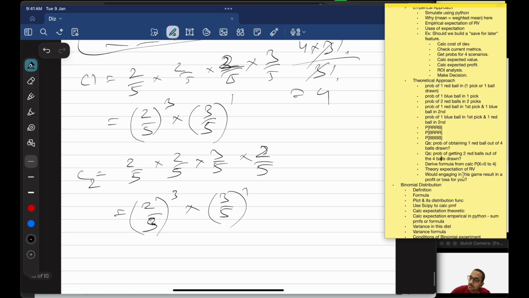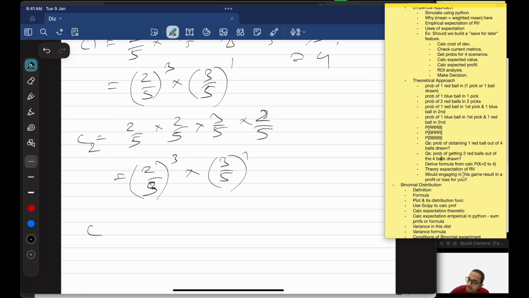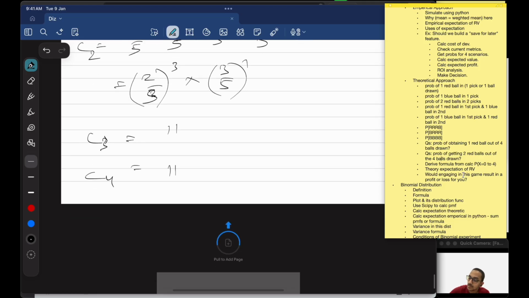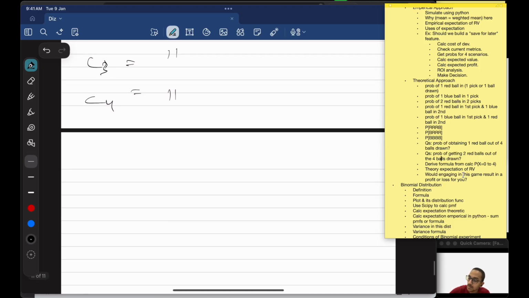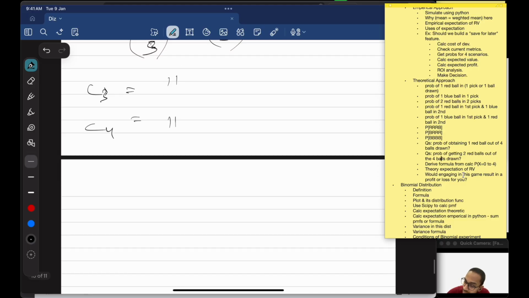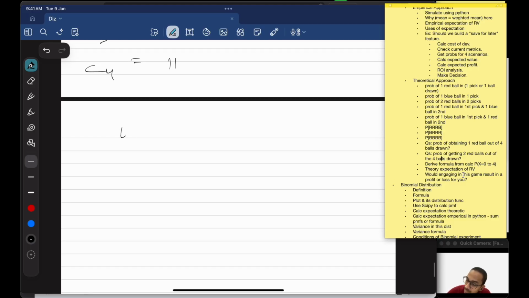So like this you will get ditto for case 3 and case 4 as well. So we can write this as 4 times 2 by 5 cubed times 3 by 5 power 1.